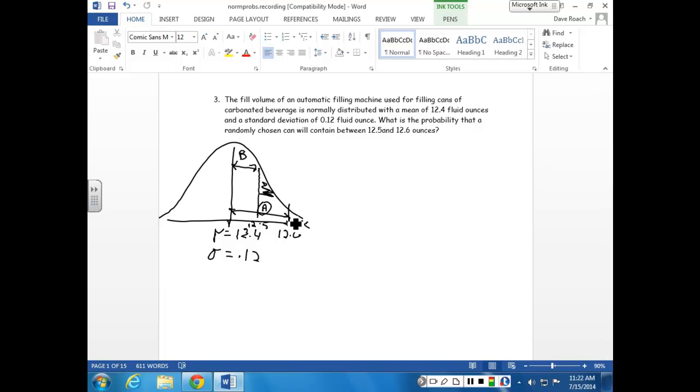Well, we already, again, know area B. We've been using it to 12.5. That's the 2969. So area A, first we'll get the number of standard deviations from the mean, and please do write the formula every time. When I grade this on a test, I'm going to assign some points to the formula. So 12.6 minus 12.4 divided by 0.12.